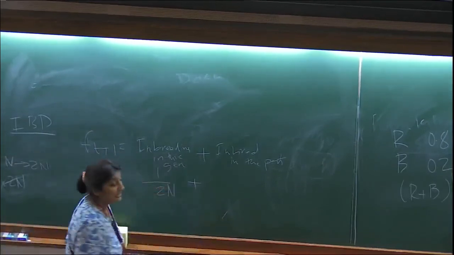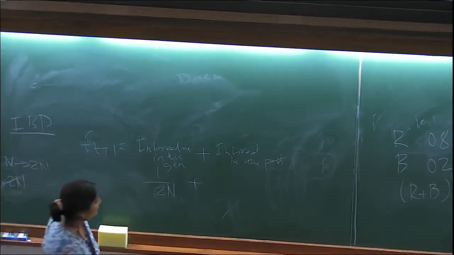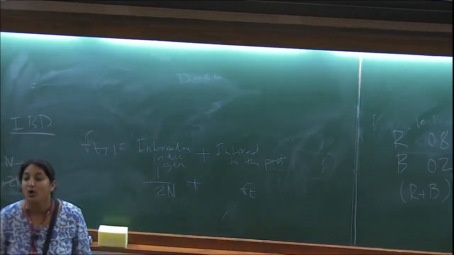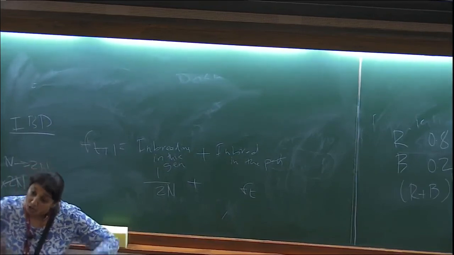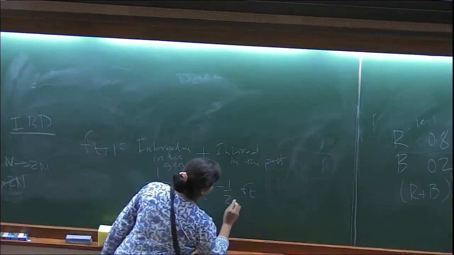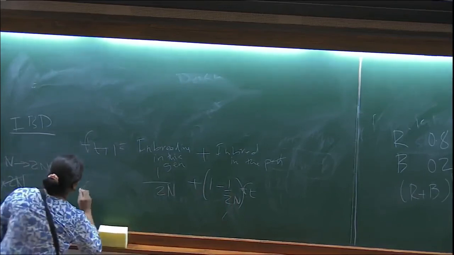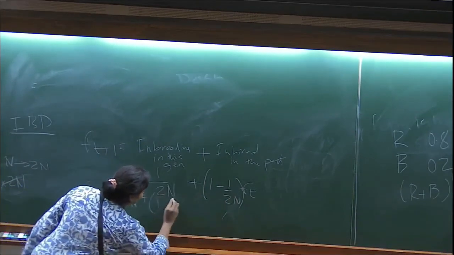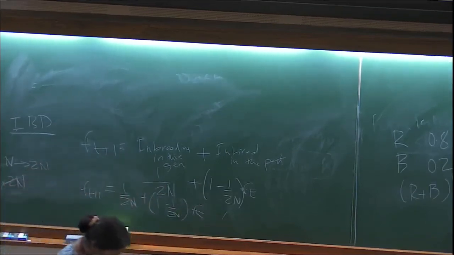Or it happened in the past. The probability of inbreeding at generation t is ft. That is the probability that an allele was inbred in the past, but did not get inbred in this generation. Okay? So ft plus 1 is equal to 1 by 2n plus 1 minus 1 by 2n into ft. That's a recursive equation.